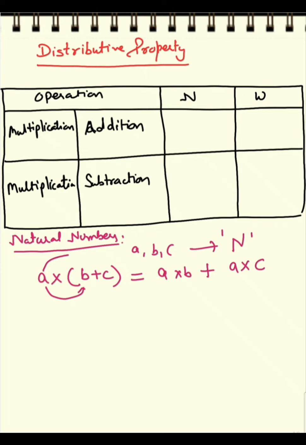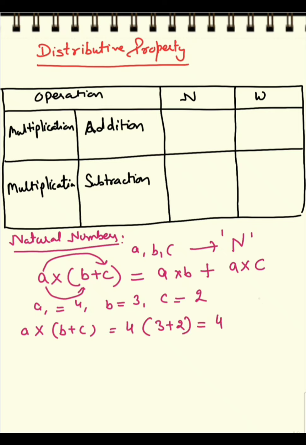So let's do it: A I'll take 4, B I take 3 and C I take 2. So first A into B plus C is A is 4, B is 3 plus 2. So this is 4 and this is 5, which becomes equal to 4 into 5, which is equal to 20.